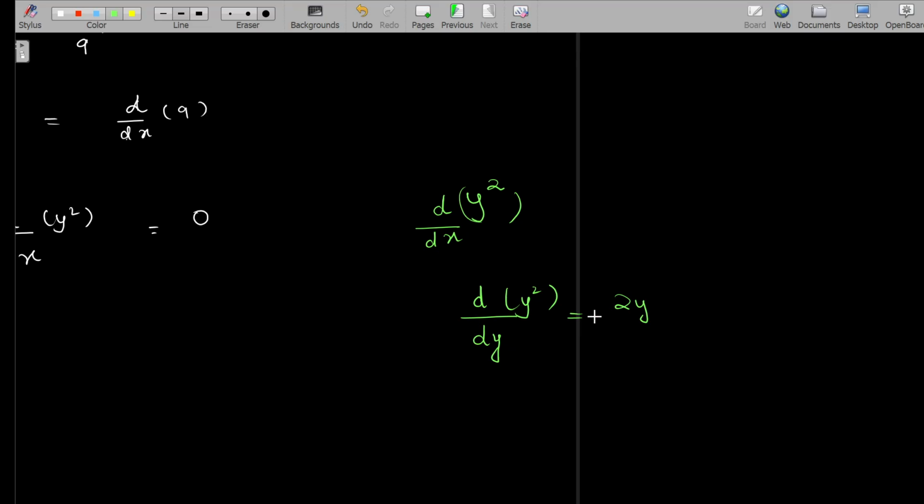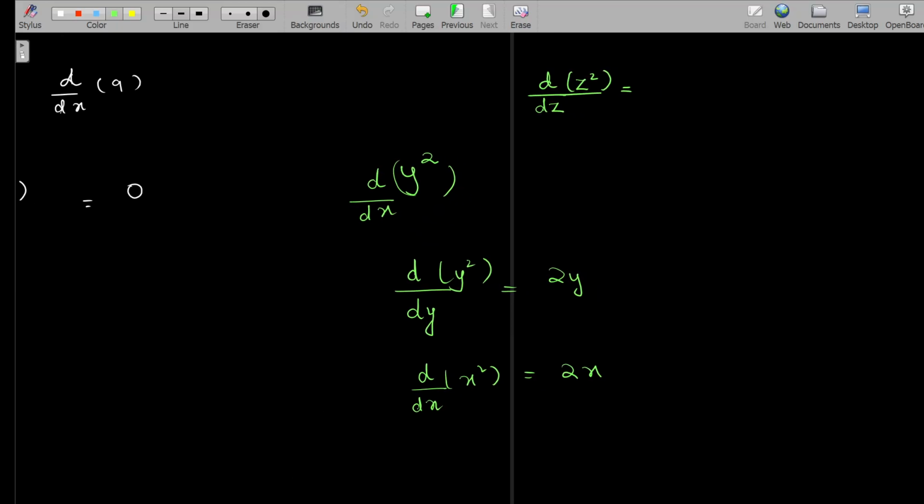I have applied the power rule like you would do d by dx of x square. That will be 2x. Similarly, the variable can be anything. It can be x, it can be y, it can be z. So if you have d by dz and you have z square, then what will this be?